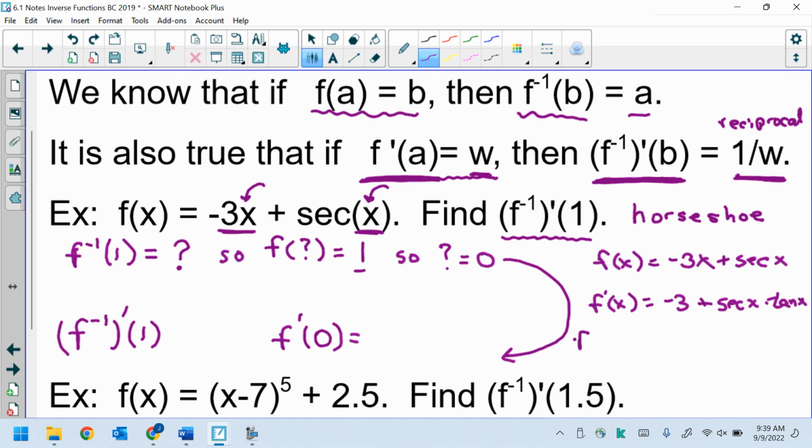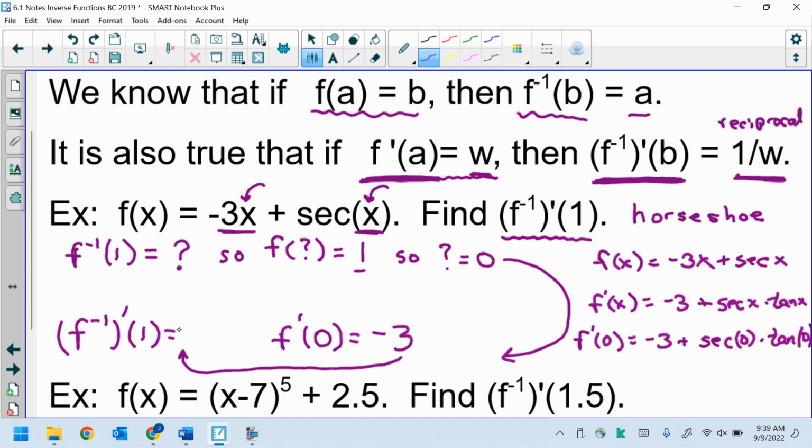And f prime of 0 is negative 3 plus secant of 0, which we know is 1, times tan of 0, which we know to be 0. So f prime of 0 is equal to negative 3. Now, if I know this is negative 3, then what's the derivative of the inverse?